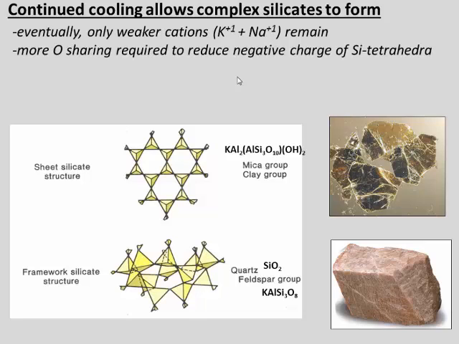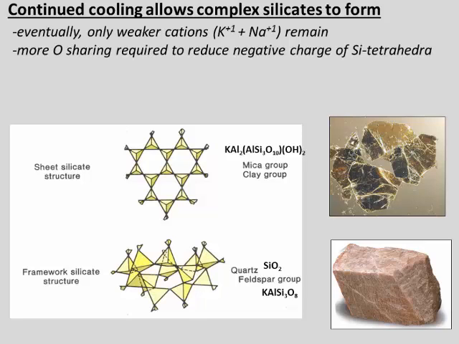And sometimes we can think of this as they're being forced to use those. There were no more +2 cations available to neutralize the charge. So we're forcing these tetrahedra to start sharing oxygens and using the +1s. So not only are we bringing in different unique +1 cations, we're also enriching the mineral structures in silica.